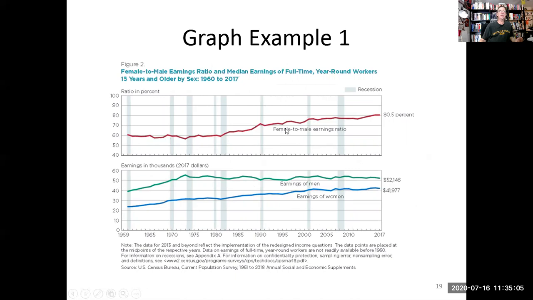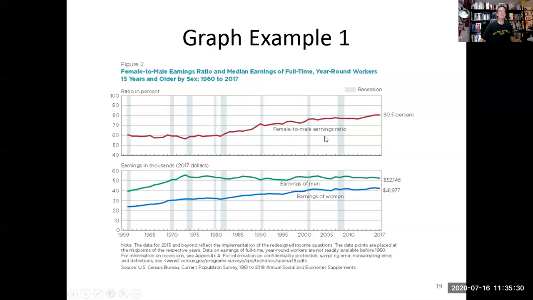This is a trend line, the female to male earnings ratio. Women in the year 2017 made 80.5% on average of the earnings that men did in comparable employment. Year-round workers, 15 years and older. This trend is from 1960 to 2017. So it's improved, but there's still a big difference.